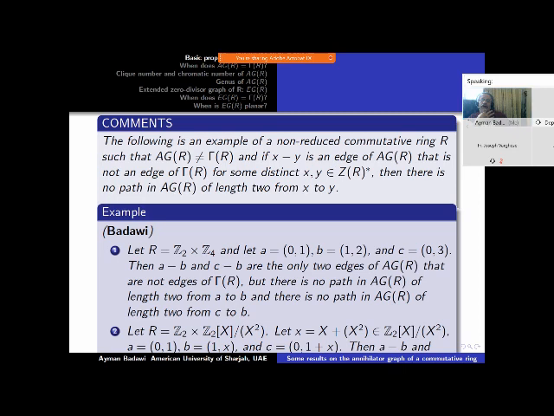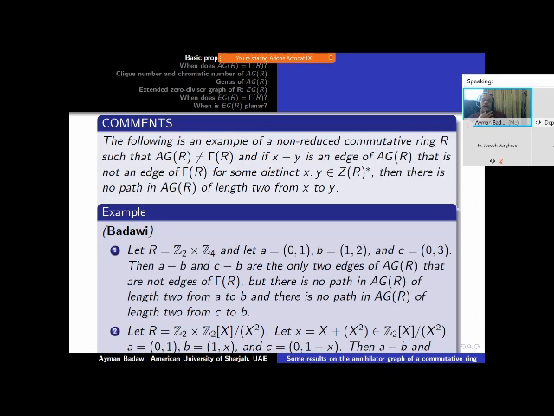And that's the example. If you take your ring to be Z2 cross Z4, you take A to be (0,1), B (1,2), and C to be (0,3). Then AB and CB are the only two edges of the annihilator graph that are not edges of the zero divisor graph.